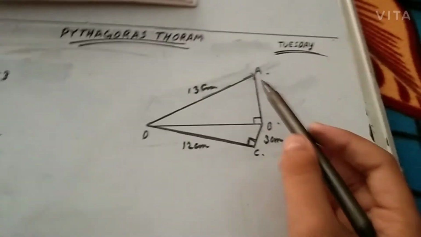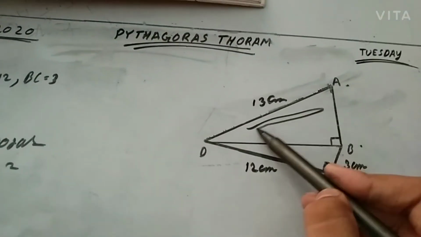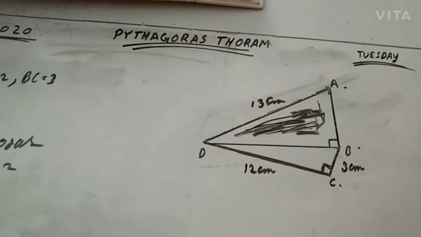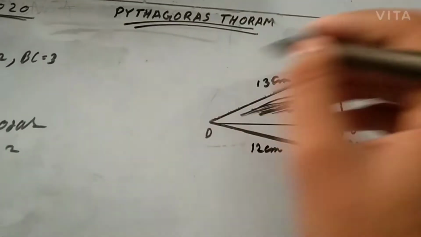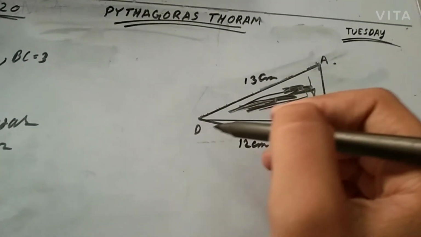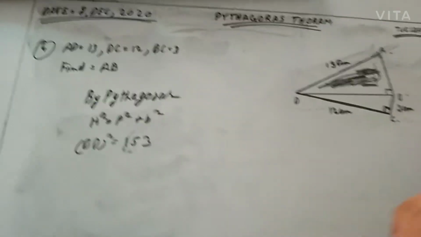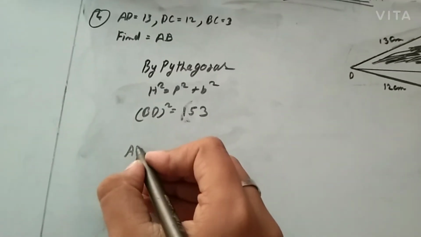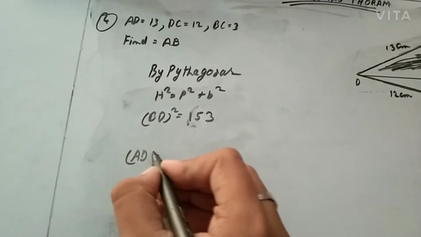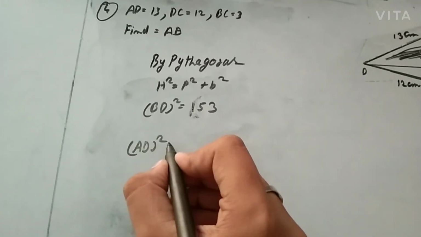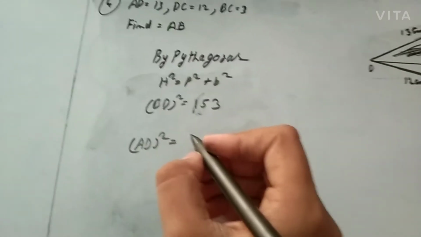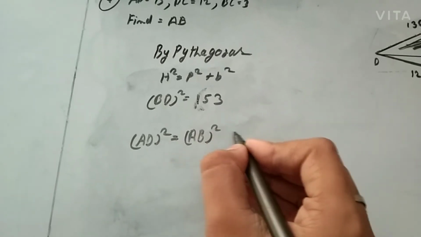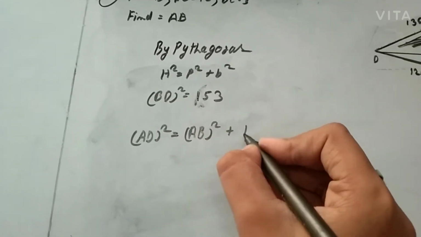Now we have to find this triangle, ABD. According to this, our H is AD square equals AB square plus BD square.